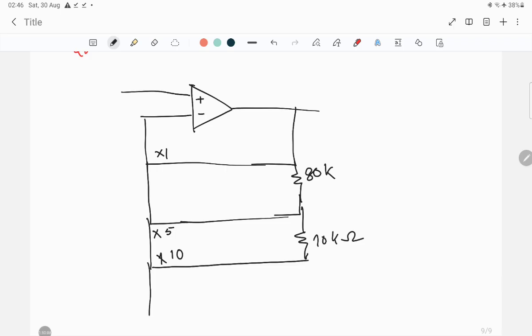Then we have 9, which will ultimately give you the gain factor of 100, and there is the last one, that is 1 kilo ohm.